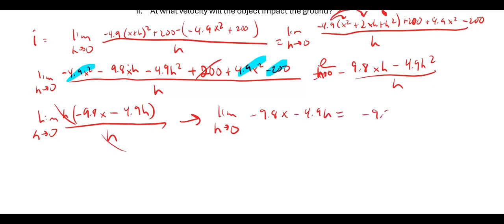Which equals negative 9.8 x, sorry. And now we want to know the velocity at 4 seconds.